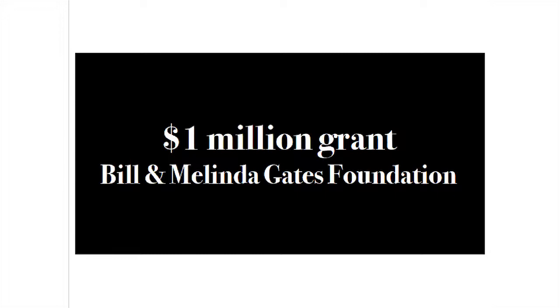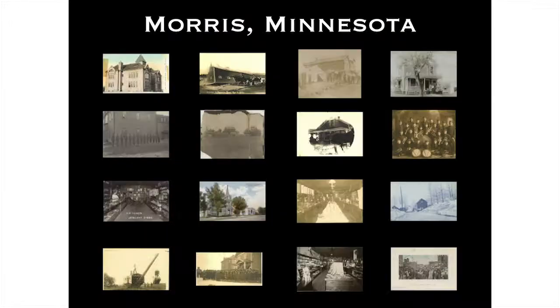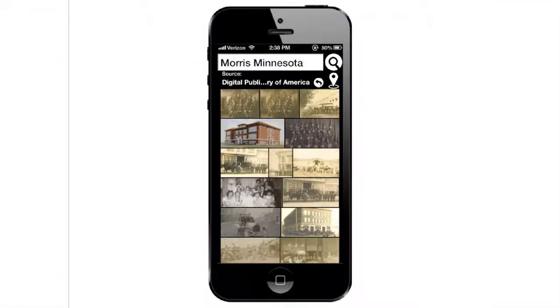Minnesota happens to be one of them. So hopefully we'll actually fill in some of those gaps around Morris. And the things that can happen when we do that is, these are the items in Morris, Minnesota, and then here's Morris, Minnesota on somebody's iPhone who never may have heard of Morris, Minnesota, and here they are finding great images about the history of Morris, Minnesota.